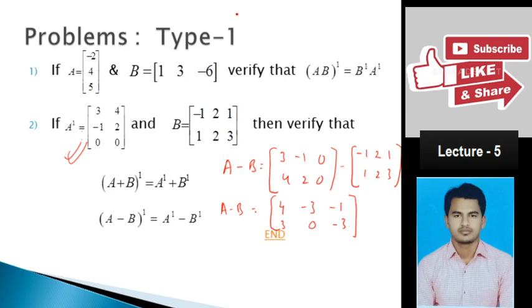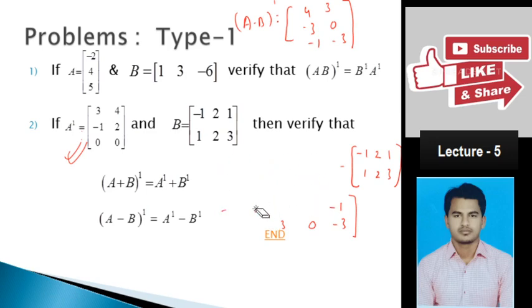Now here (A - B) whole dash. So what is the resultant? 4 -3 -1, 3 0 -3. Okay, so take the RHS, A dash minus B dash.